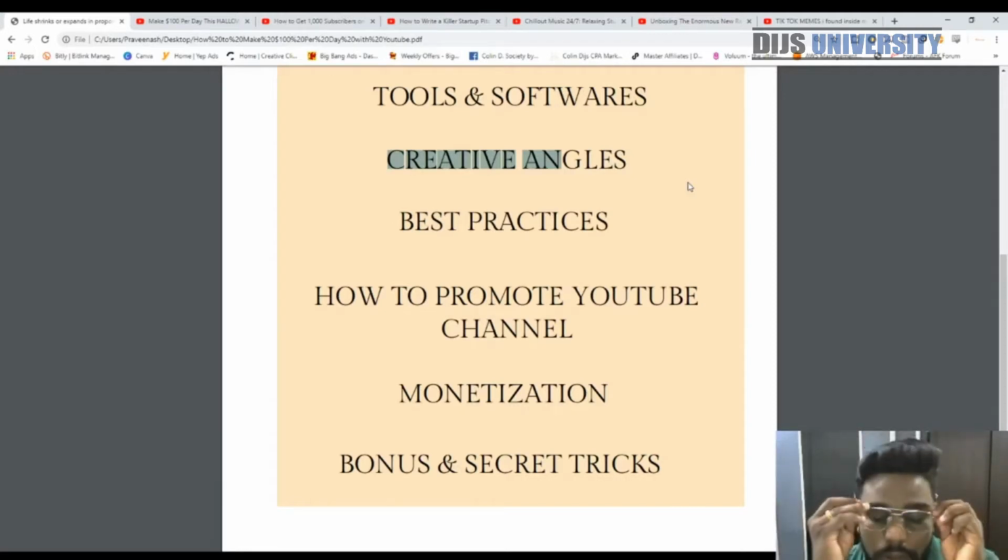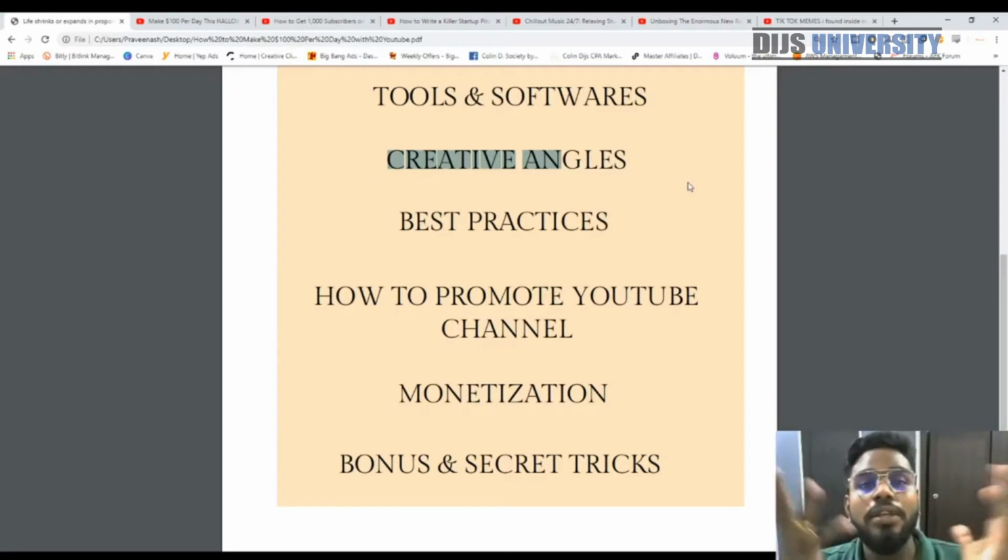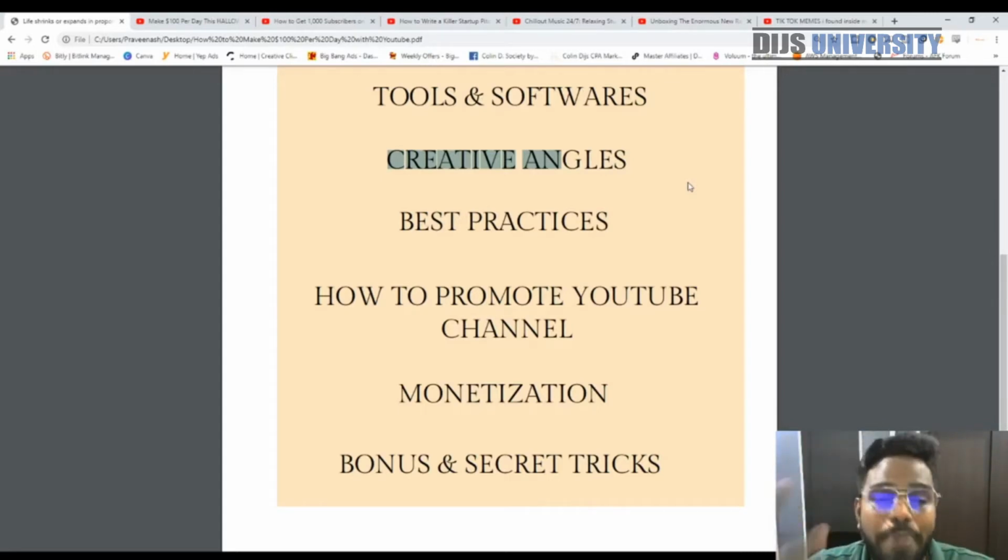PewDiePie, for example. PewDiePie is like the #1 solo YouTuber, and he does something which is very common, but he does it in his own style, which means he applies a very common creative angle, but then he personalizes that to become his own pattern and own style. And that is one of the best ways, and that's the way that I will always recommend to you, right?